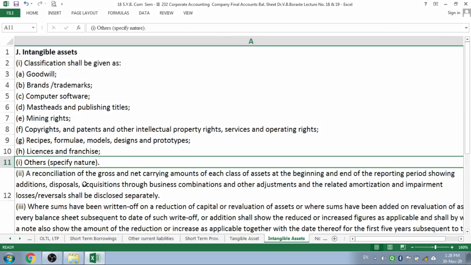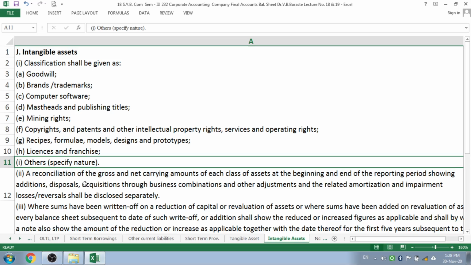After that, there are certain intangible assets. As you know, there are intangible assets called goodwill, brands, trademarks, computer software, mastheads and publishing titles, mining rights, copyrights, patents and other intellectual property rights, services and operating rights, recipes, formulas, models, designs and prototypes, license and franchises.